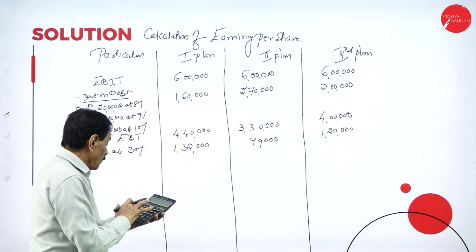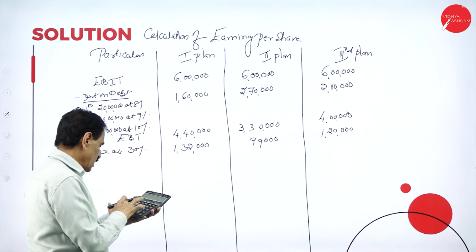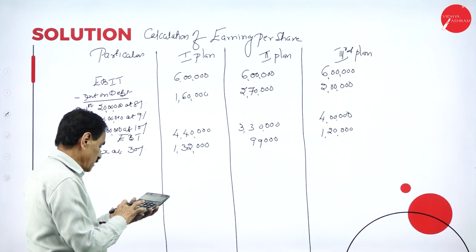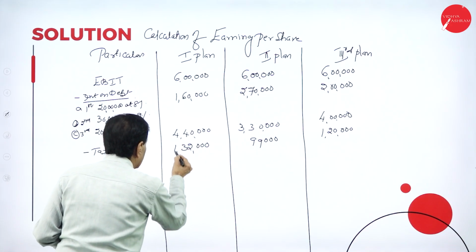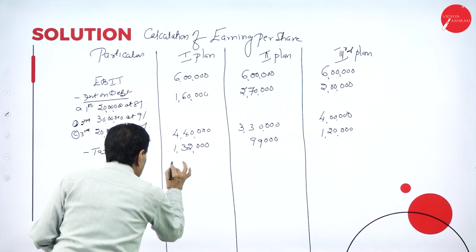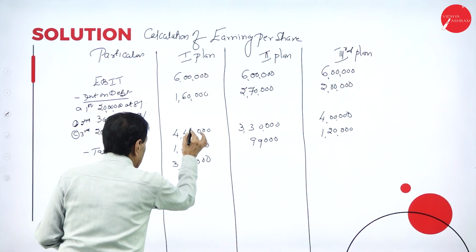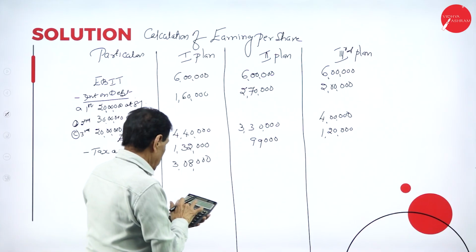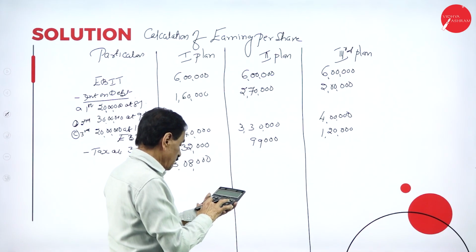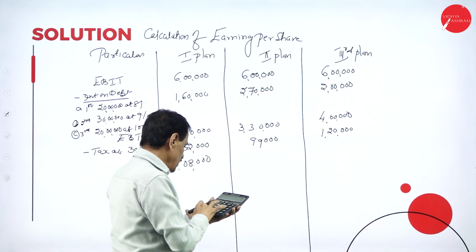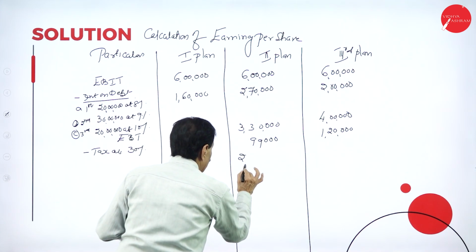Deduct 4,40,000 minus 1,32,000: 3,08,000. 3,08,000. 330 minus 99,30, 2,31,000.